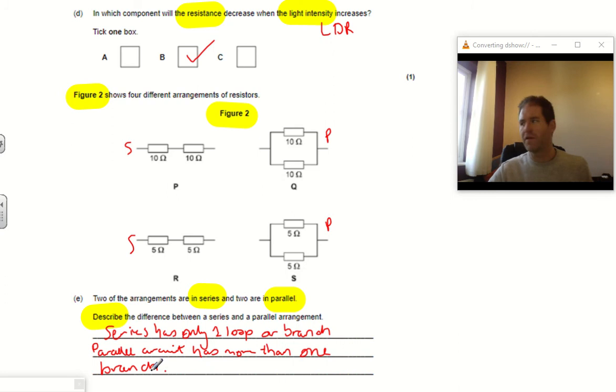Okay, so that's the difference between those two, and that's enough to get us our marks. Okay, that'll be 2 marks, 1 for each.